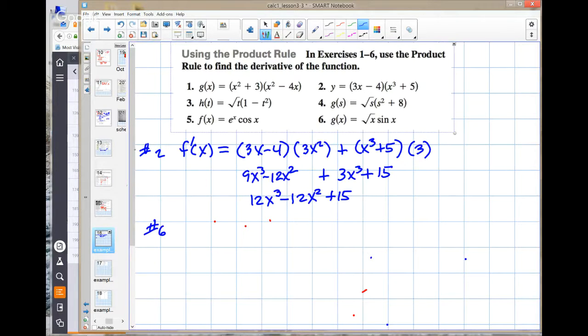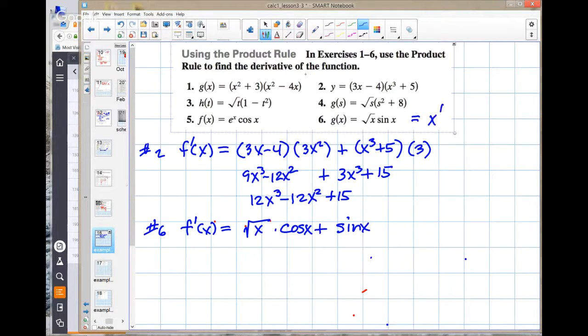Try that one. So if we're going to take the derivative, f prime of x equals the first times the derivative of the second plus the second times the derivative of the first. Now, here's where maybe I should have rewritten this as what?